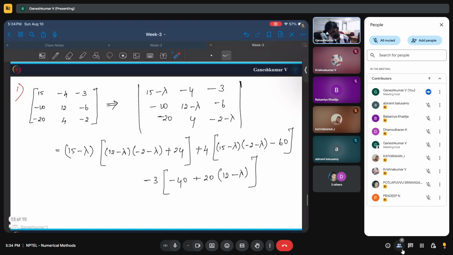It is minus 4. So it's a plus 4. So it's 15. Okay, this should be plus 60. No, I mean this should be minus 60 only, right? Anyway, why don't you guys do it and let me know what the lambda is. I will leave it up to you guys.